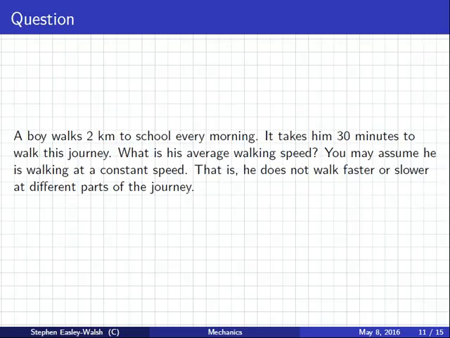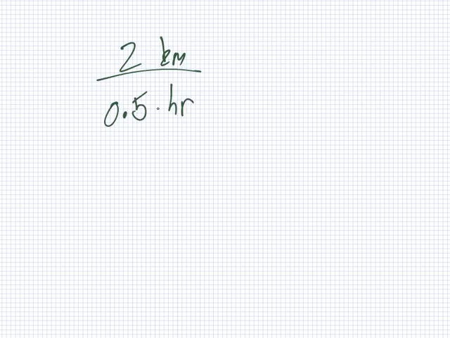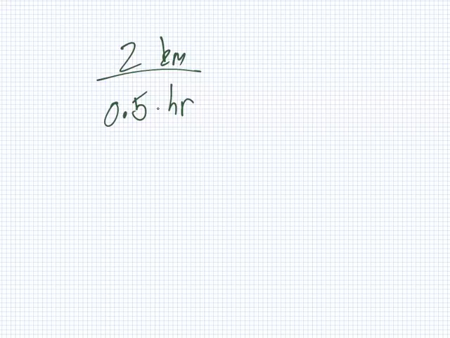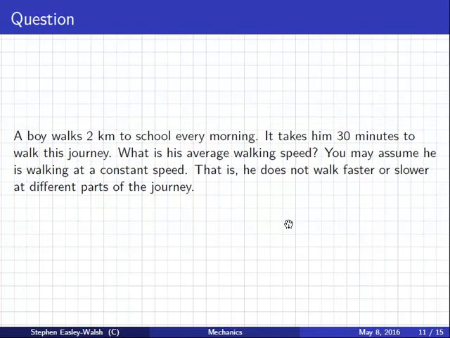So it's 2 kilometers divided by... we should use hours. 30 minutes is half an hour, so 0.5. So the answer for this boy is 4 kilometers per hour. Do you even need to write this down? I don't think so. It's basic, isn't it?